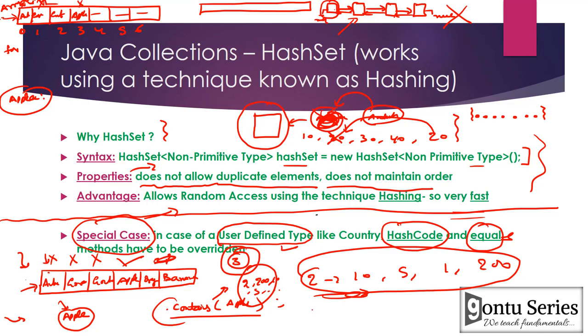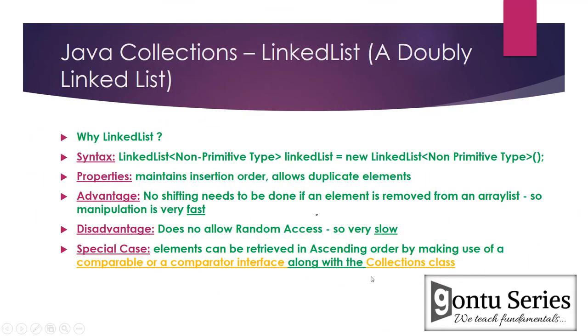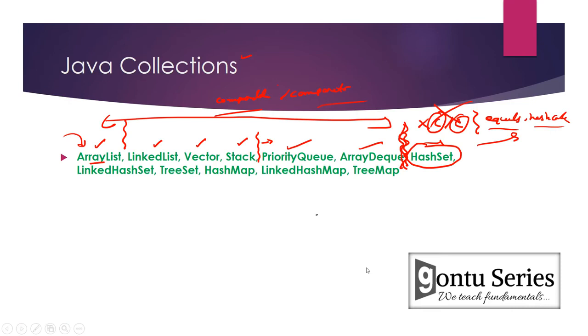HashSet internally makes use of arrays as well as linked lists to store things. So it uses both to store things. ArrayList and the others, let me show you. ArrayList uses arrays behind the scenes.